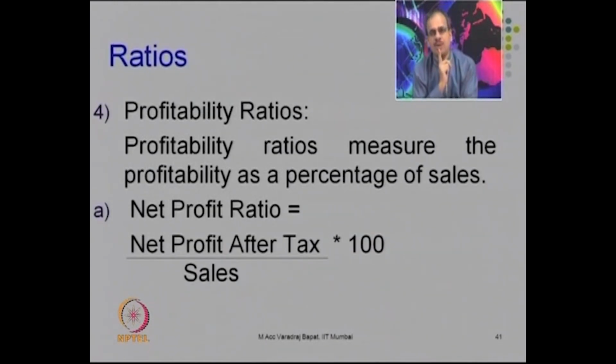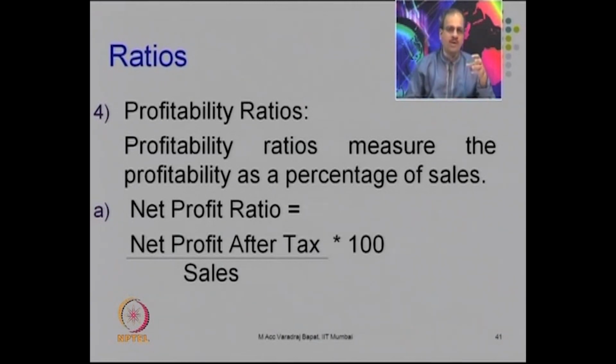Now, the next important type of ratios are profitability ratios. Every stakeholder, from the owners and bankers to employees, is interested in profitability. Profitability ratios try to find how much profit is earned by the company vis-a-vis the sales generated.